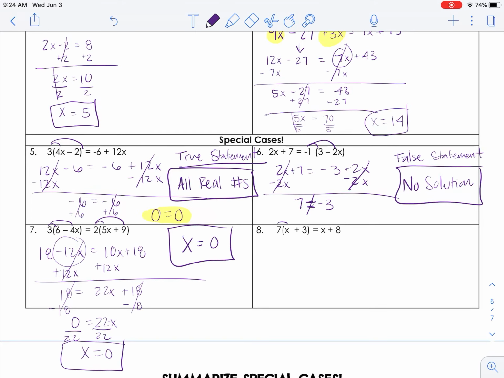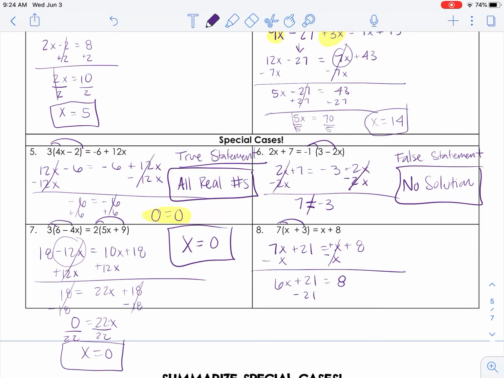And let's look at 8. Let's see about that one. So we've got 7x plus 21 equals x plus 8. We're going to move our smallest variable, so that's a positive. We're going to subtract it. So I've got 6x plus 21 equals 8.